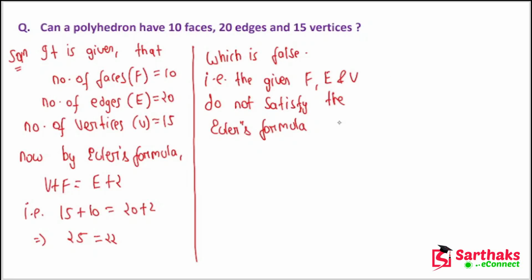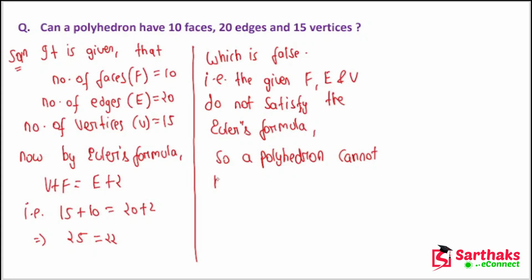The given F, E and V do not satisfy the Euler's formula, right? So a polyhedron cannot have, because directly you can say that the polyhedron cannot be possible with such given specifications.